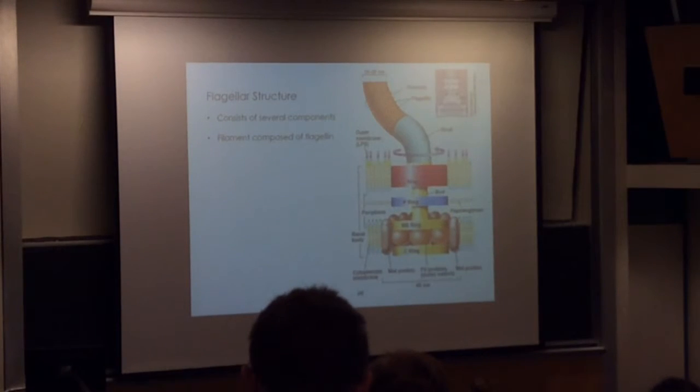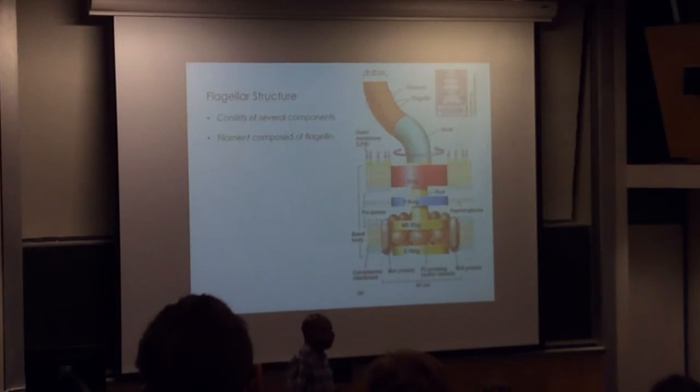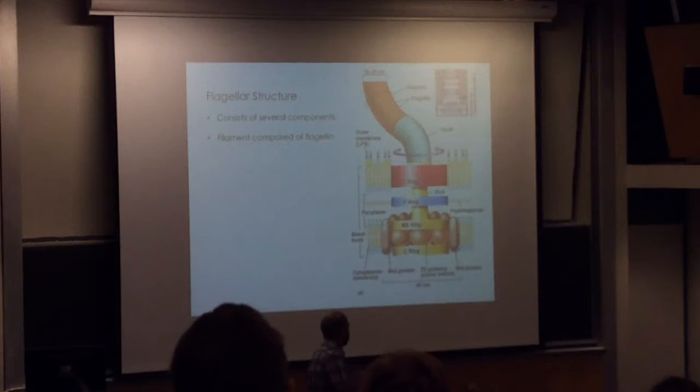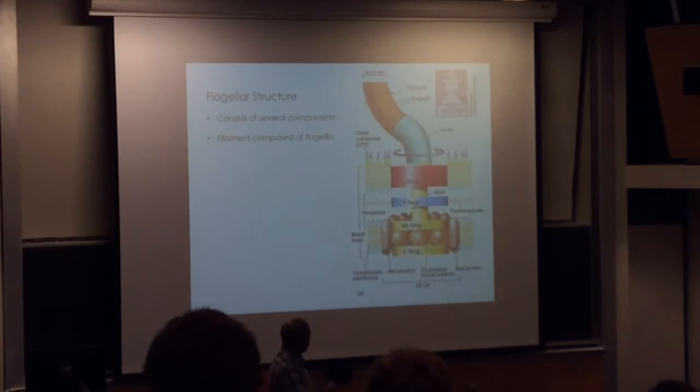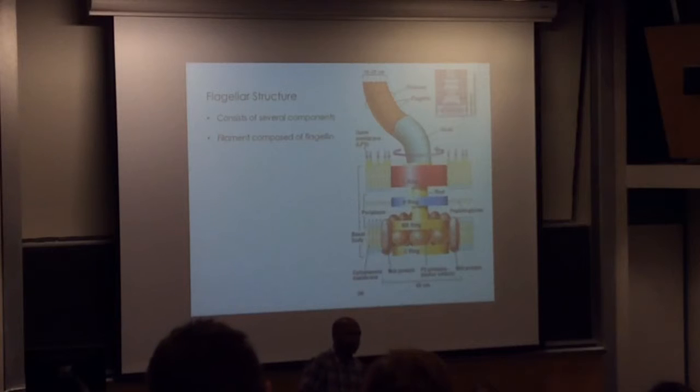The P ring is associated with what? Peptidoglycan, right? Then there are two more rings, the MS ring and the C ring. The C ring is associated with the cytoplasm, and the MS ring is associated with the cell membrane.